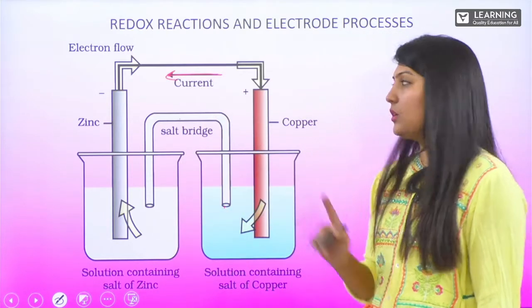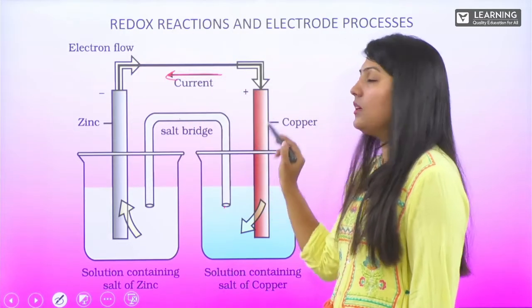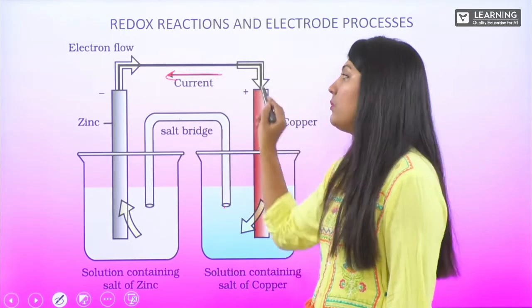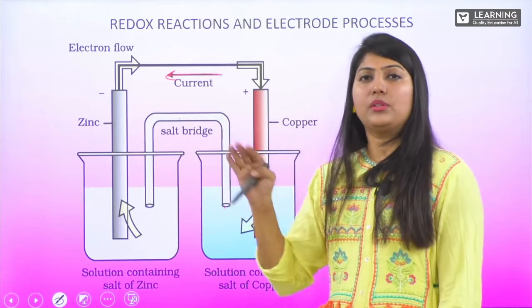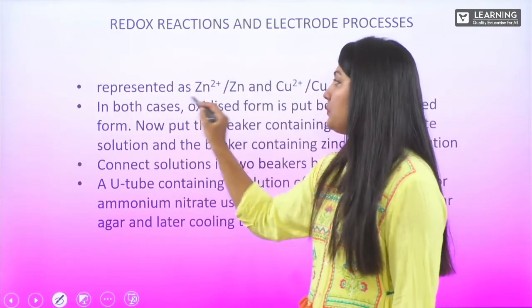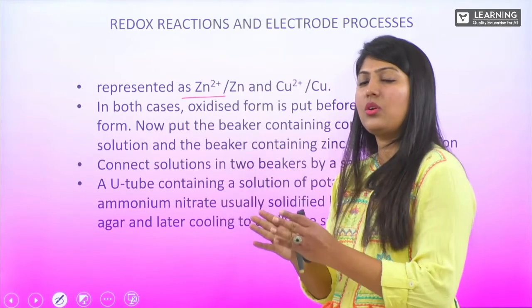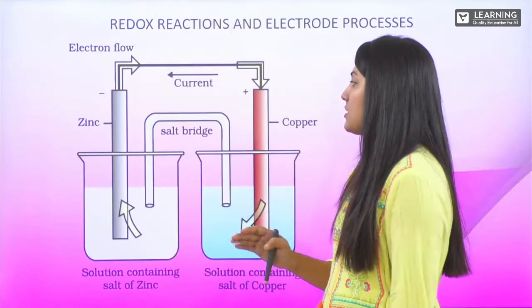Do remember that electron flow will be from zinc to copper, but the electricity or current will be flowing from copper to zinc.